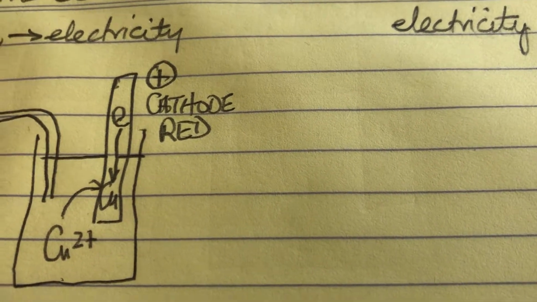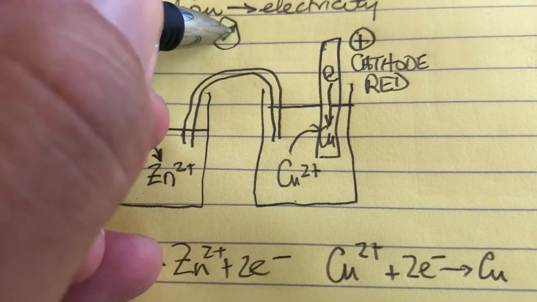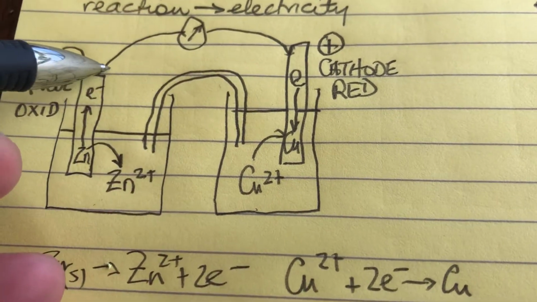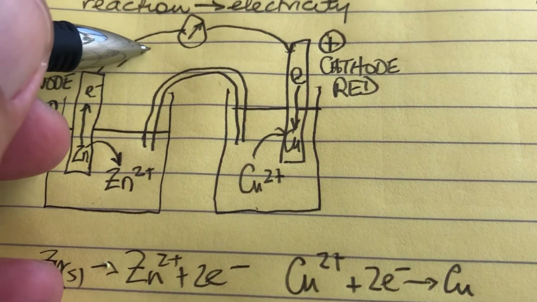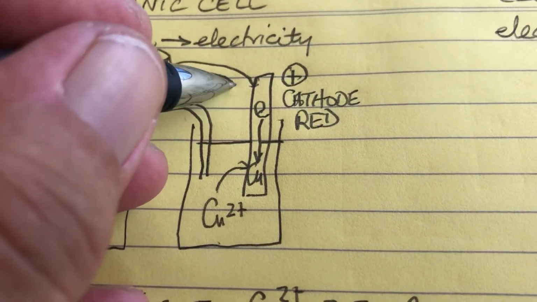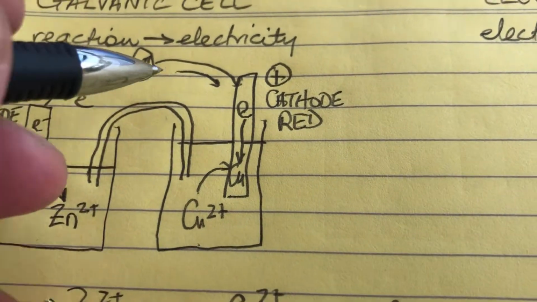Now if we connect these electrodes with a wire on the outside through a meter or a light bulb or something like that, then electrons flow from the negative anode to the positive cathode and allow the reaction to continue.